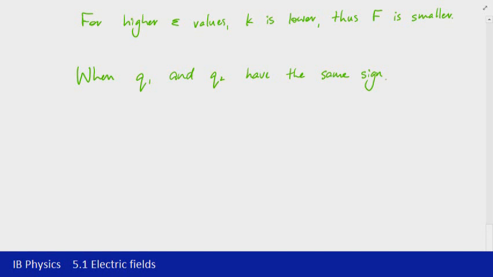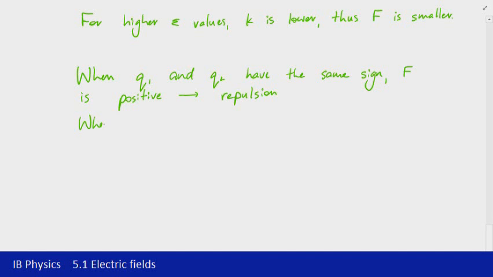If Q1 and Q2 are both negative, then the product of Q1 and Q2 will also be positive. So that means that F will also be positive. And if we've got a positive value, we can interpret that to mean it's repulsion, because we know that same signs mean repulsion.